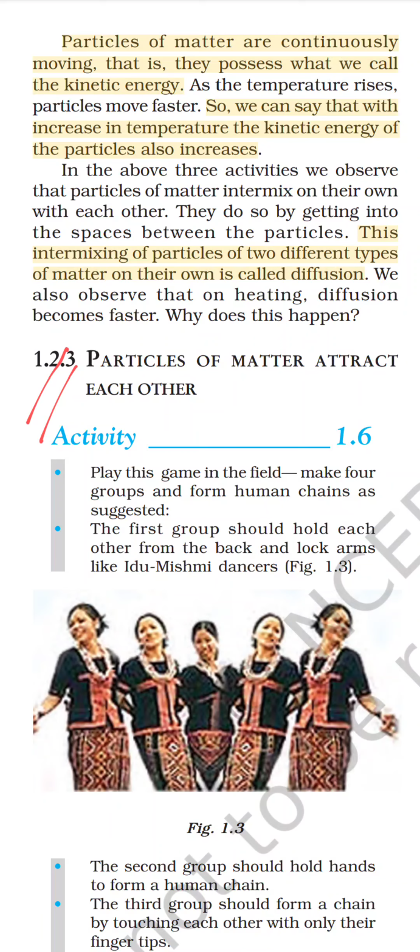Particles of matter attract each other. Activity 1.6. Play this game in the field. Make 4 groups and form human chains as suggested. The first group should hold each other from the back and lock arms like Ho Mishmi dancers, just like figure 1.3.